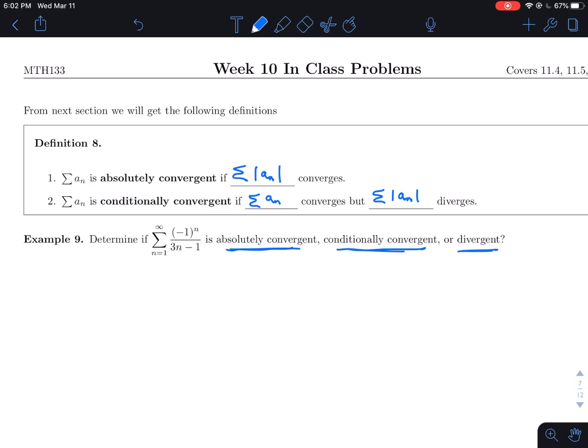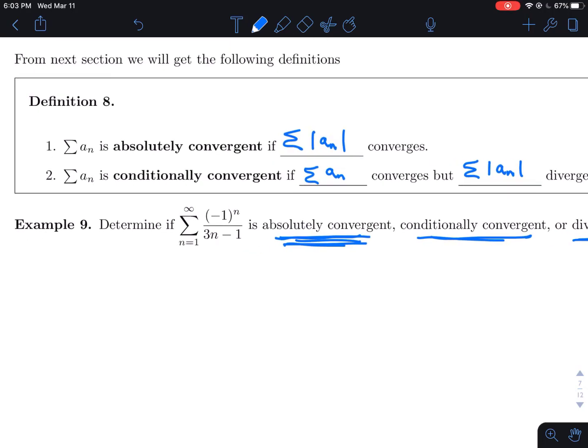So the way that I'm going to do this is I'm going to first check absolutely convergent. Maybe it falls into this category here. And of course, the way that we check absolutely convergent is that instead of looking at the original series, we're going to include some absolute values. Let me go ahead and rewrite this: (-1)^n times 1 over 3n minus 1, summing up from n equals 1 to infinity.